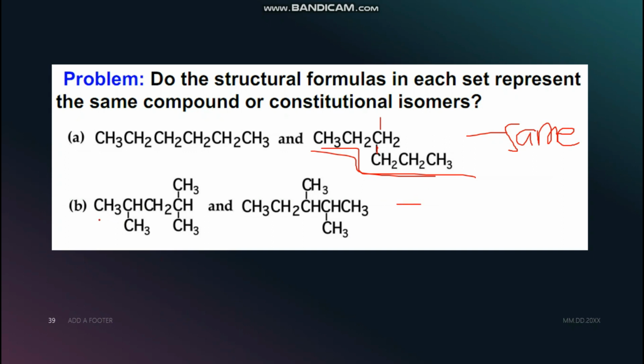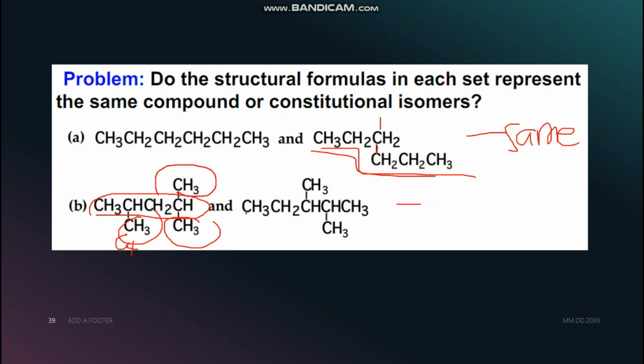On this one also, we have this one. Let's start with the parent chain. Okay, 1, 2, 3, 4. So that's C4. Ayan. That's butane. Tama, butane. And then we have methyl groups, ilan? Tatlo. So that's trimethylbutane.